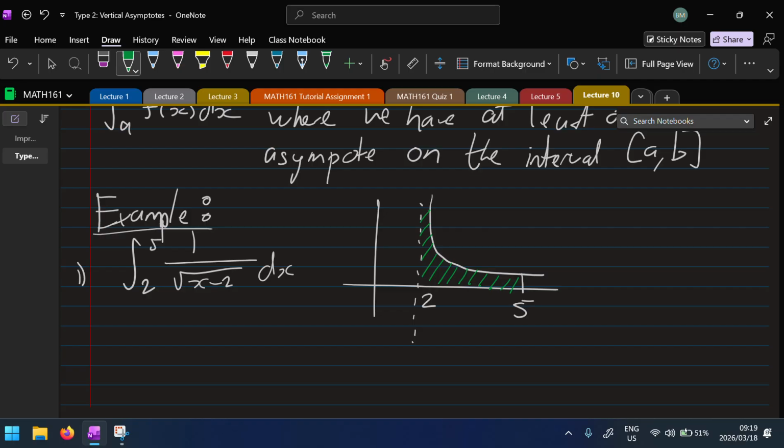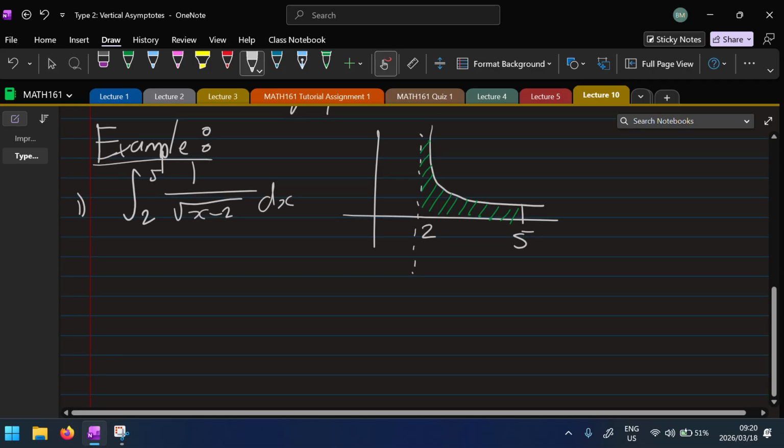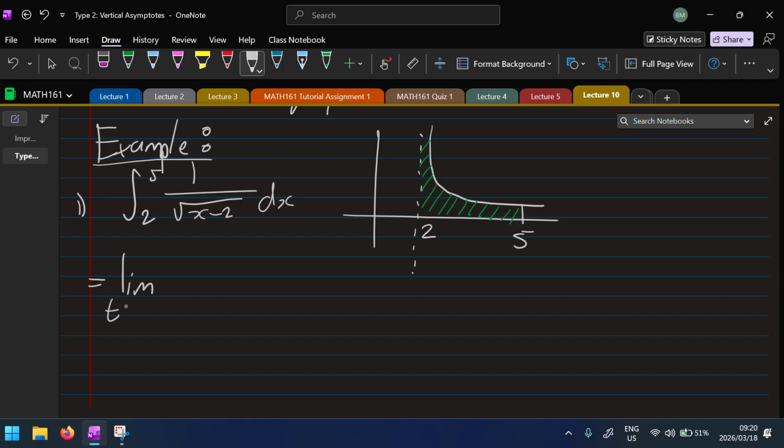So since 2 is an issue, we're going to replace that bottom bound with t, and then we're going to take the limit as t goes to 2. Okay, that fixes everything. So here, this is going to be equal to the limit as t goes to 2, but we must be careful. We're going from 2 from the right.